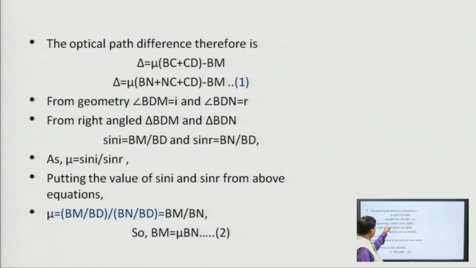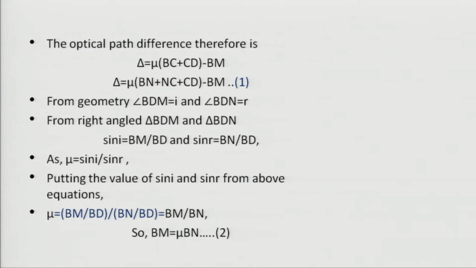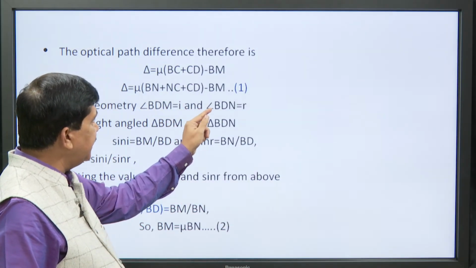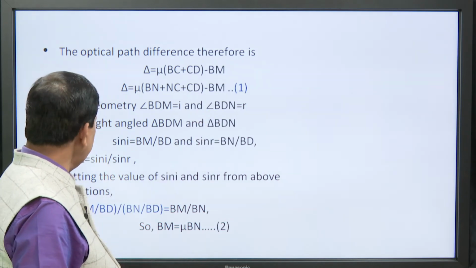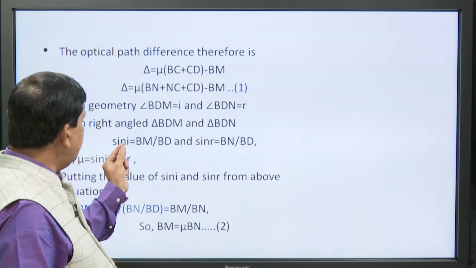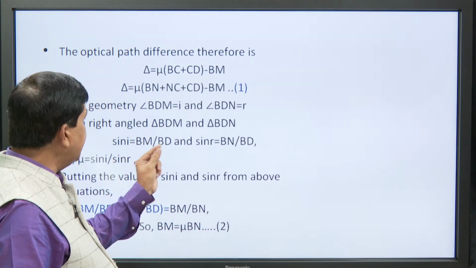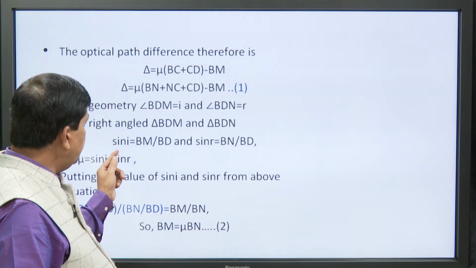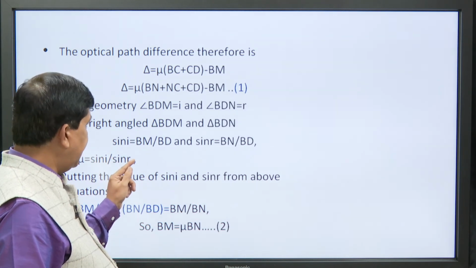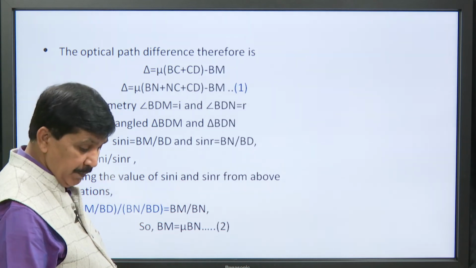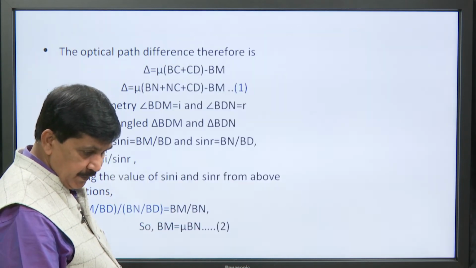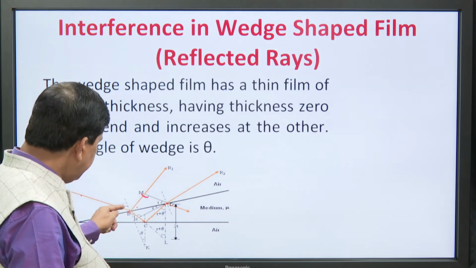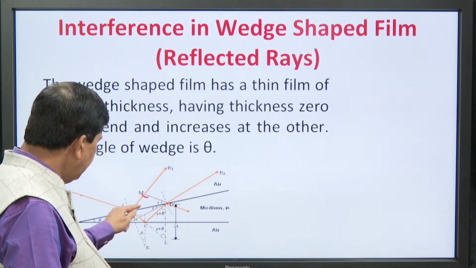So, I have proved that angle BDM is I and angle BDN is R. From right angle triangles BDM and BDN, sin I will be equal to BM upon BD and sin R is equal to BN upon BD. Again we go to the figure: sin I is BM upon BD and sin R is BN upon BD.